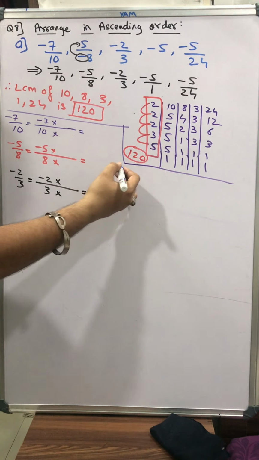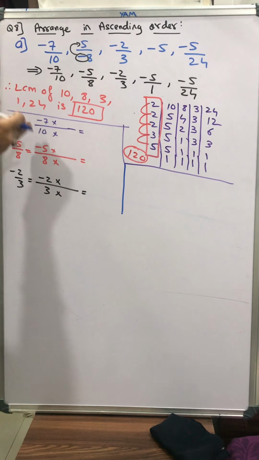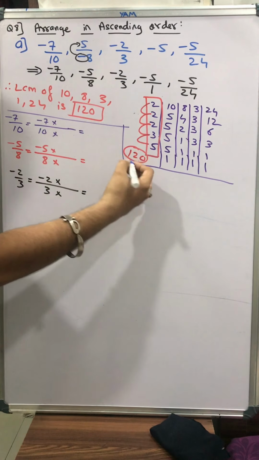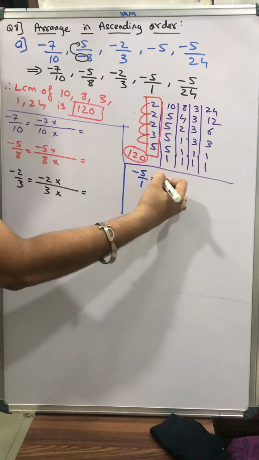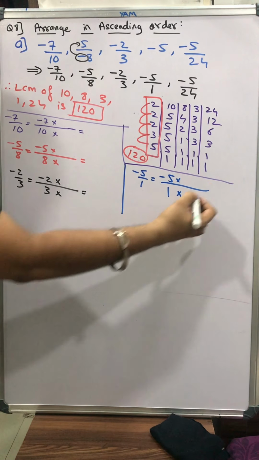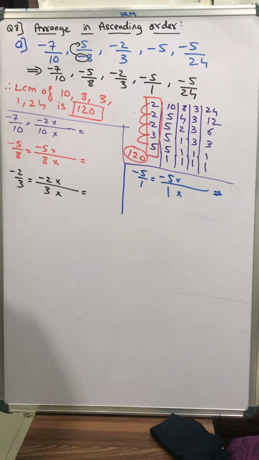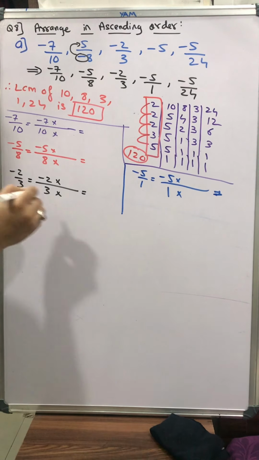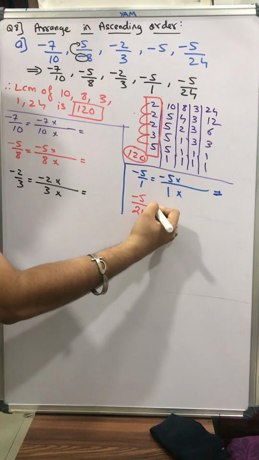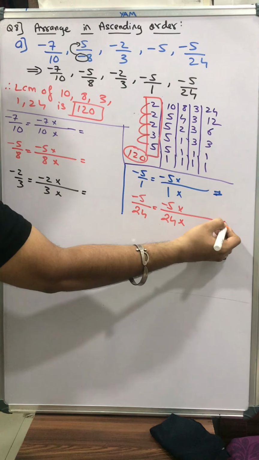See students, once again I repeat, I don't have space, that's the reason I'm writing on the right hand side. You have to do it vertically, leaving lines, presenting very well, one below another. After minus 2 upon 3, minus 5 upon 1 is equal to minus 5 into blank. Then the last one, minus 5 upon 24 is equal to minus 5 into blank.